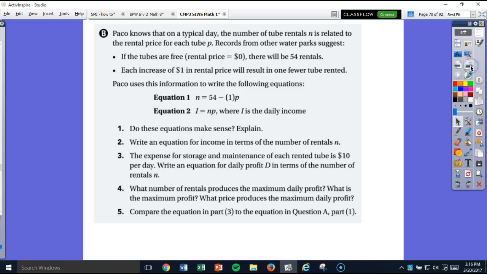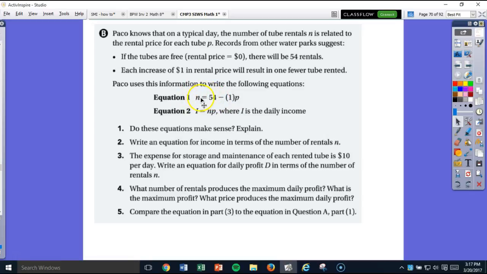Then in part B, we're working with Paco and the tube rentals. Read this information up here very carefully, very carefully. Ask yourself, after you've read through this and all the information they're giving you, do equations 1 and 2 match what you know about the conditions?